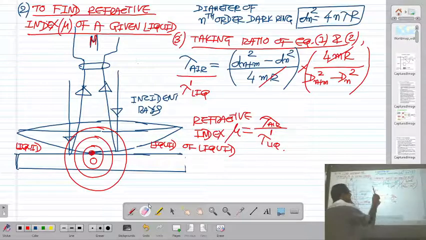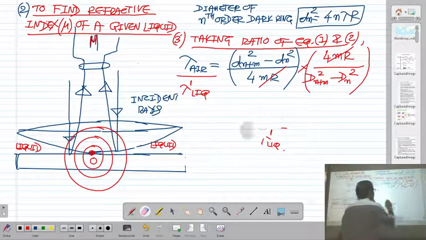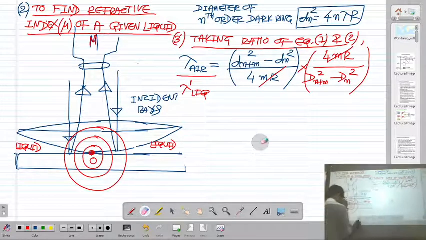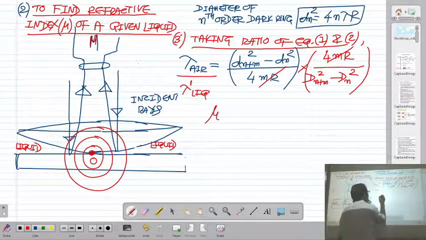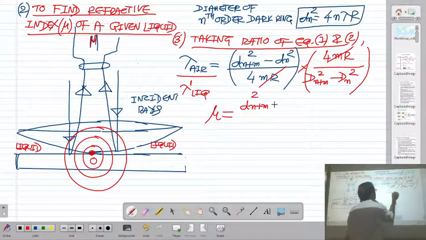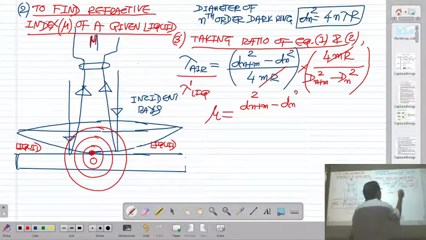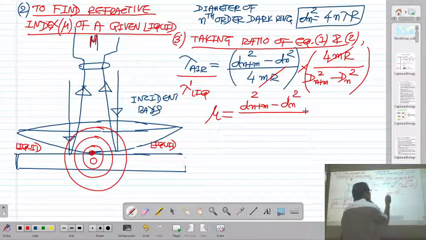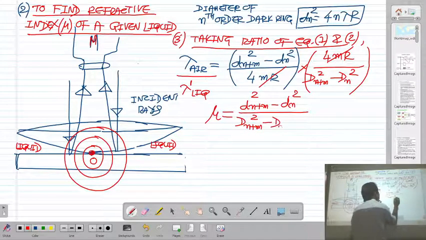So lambda upon lambda dash is called the refractive index of the given liquid, mu. That is, small dn plus m square minus dn square upon capital Dn plus m square minus dn square.